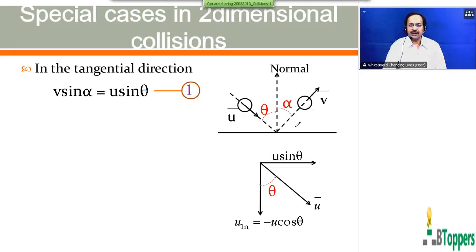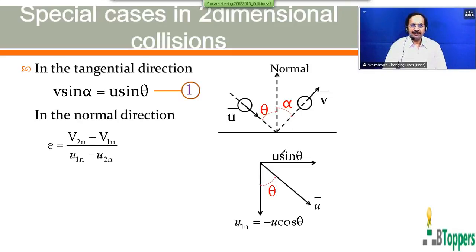So the component of v bar in the tangential direction after collision is v sin alpha, and the component of velocity in the tangential direction before collision is u sin theta. This tangential component remains unchanged, so you can write v sin alpha equals u sin theta.